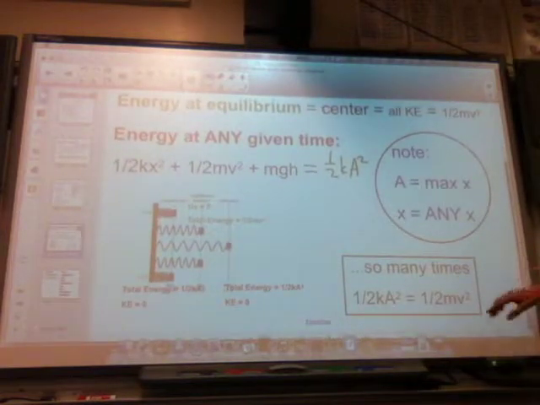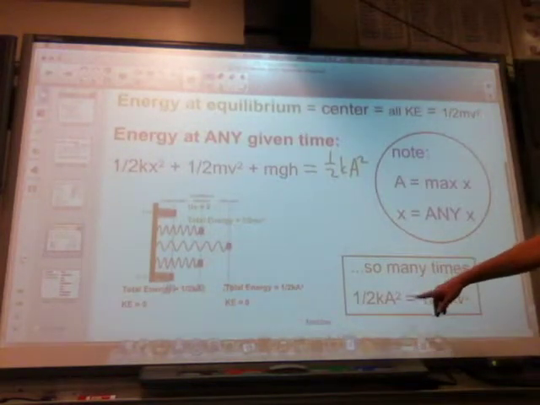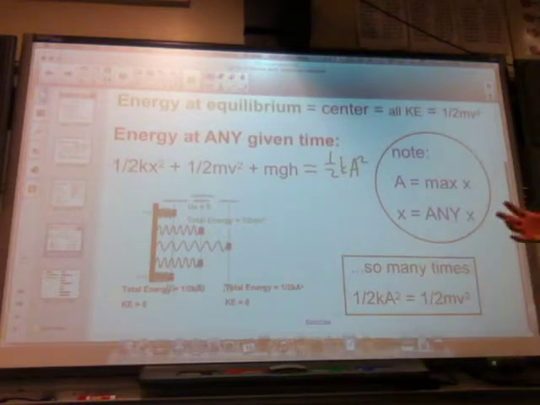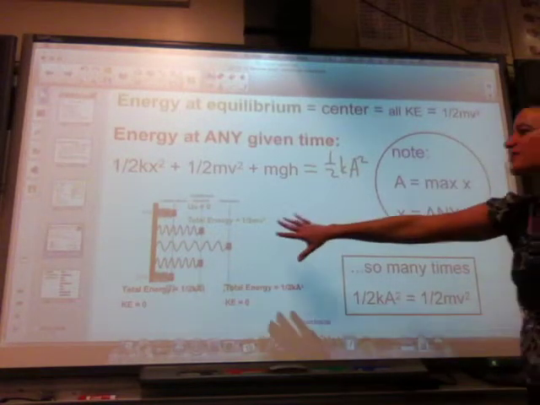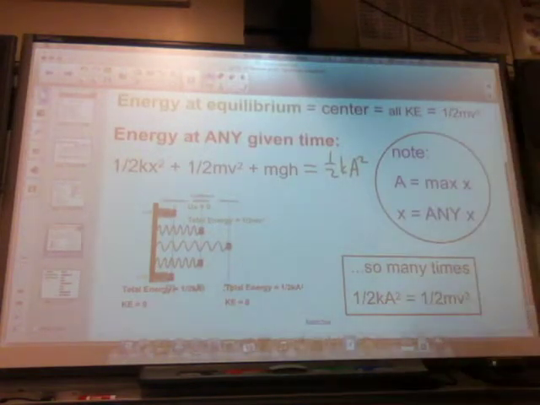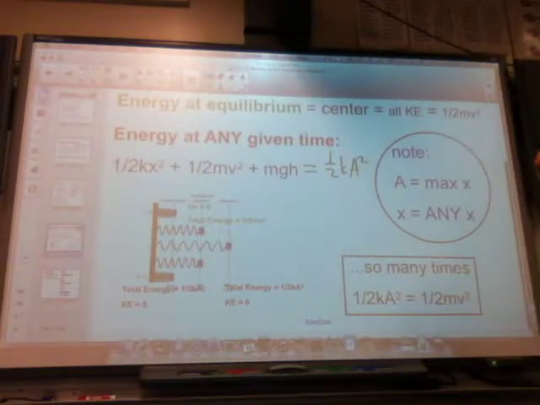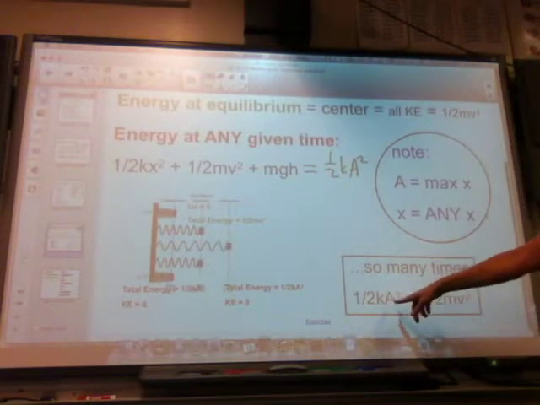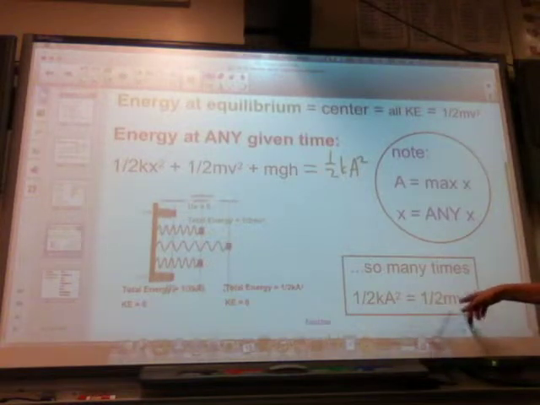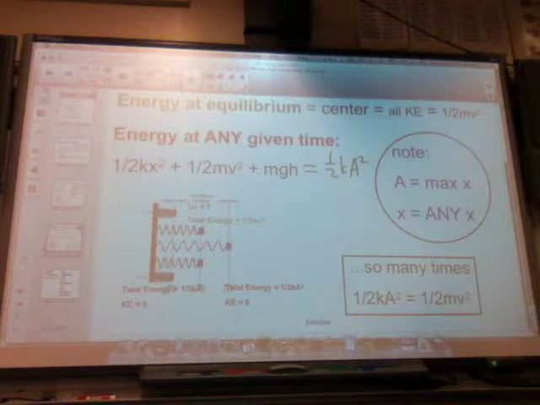So many times what happens as it's moving, right? This is a picture straight from your notes. You can copy it if you want, but it's not as big a deal. As it's moving back and forth, if I pull it to its maximum and it reaches equilibrium in the center, then 1/2 Ka squared equals 1/2 mv squared. It's like the person jumping off the cliff, right? mgh equals 1/2 mv squared.